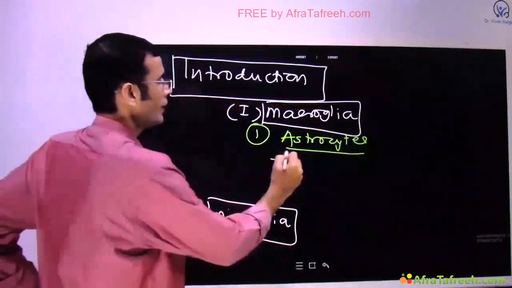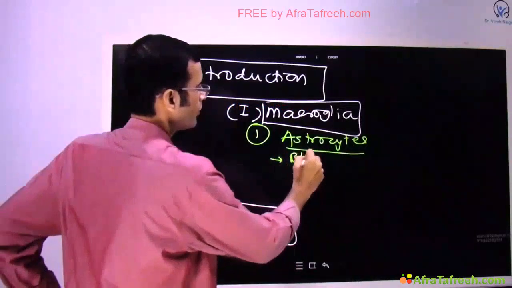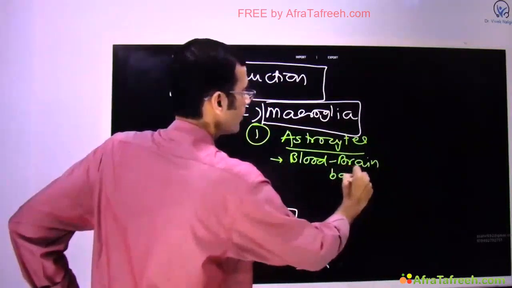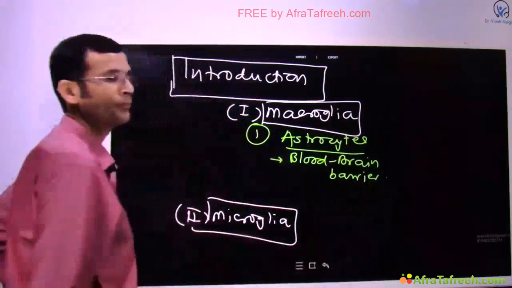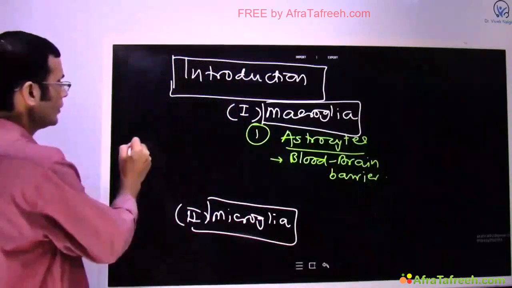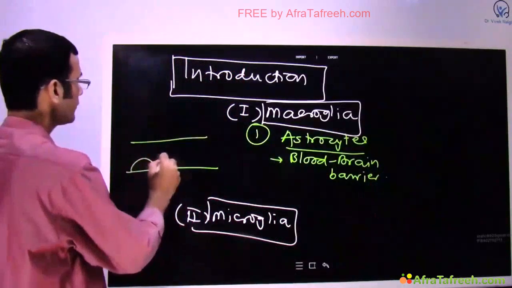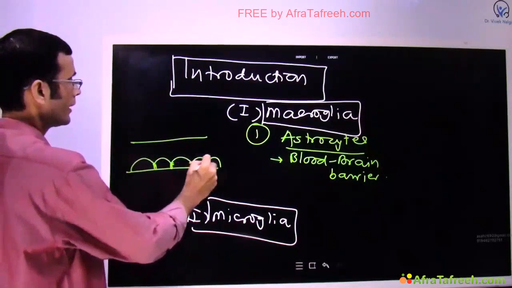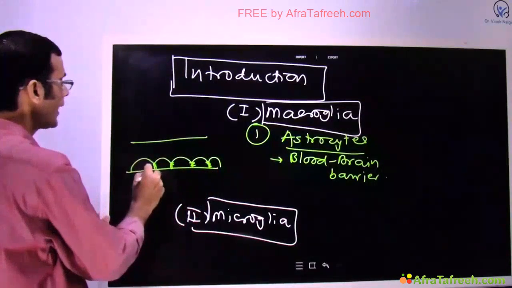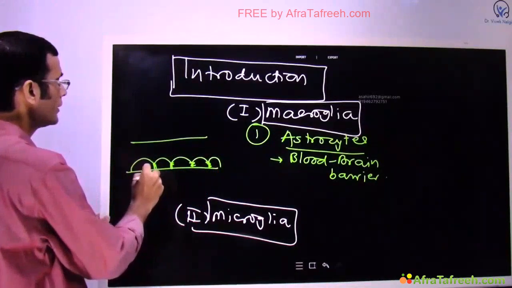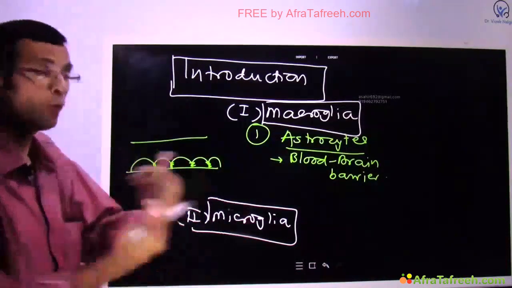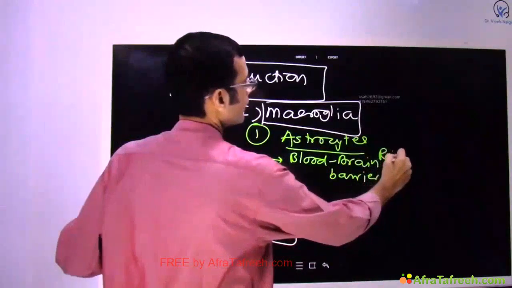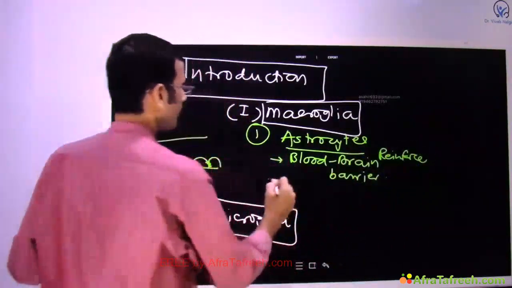Astrocytes are involved in the formation of the blood-brain barrier. Rather, they reinforce the blood-brain barrier. You see, the blood-brain barrier is formed by the tight endothelial junctions in the cerebral vessels, and these astrocytes, the star-shaped cells, reinforce this blood-brain barrier. So the astrocytes' function is to reinforce the blood-brain barrier.